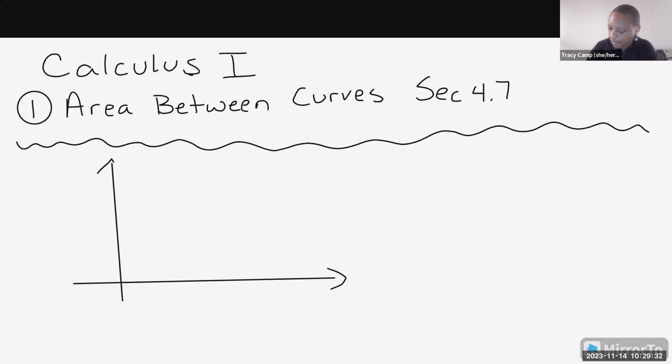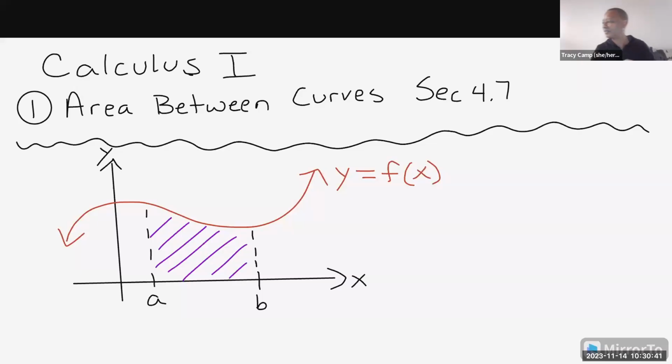So like if you have a curve, my iPad's acting up, I'll pause and draw the curve. So if you have this curve, y equals f of x, the region that's shaded in purple right there is represented by this definite integral.